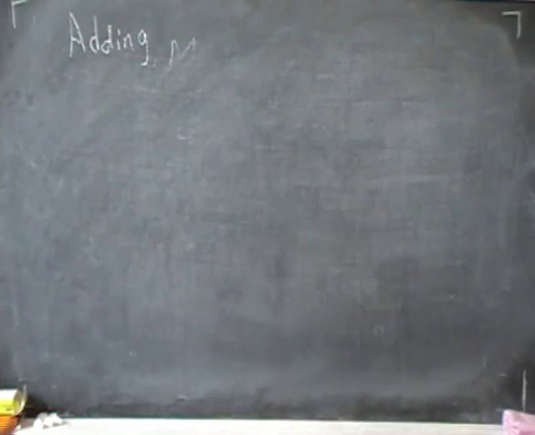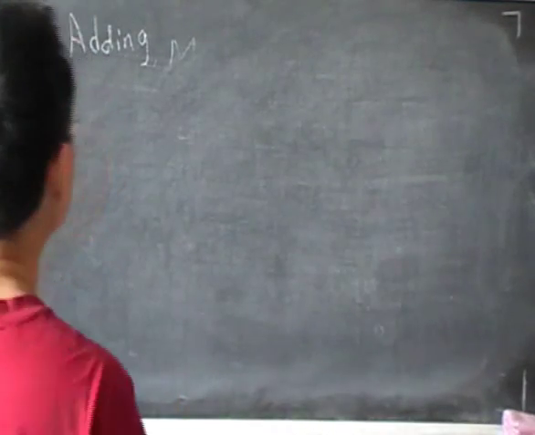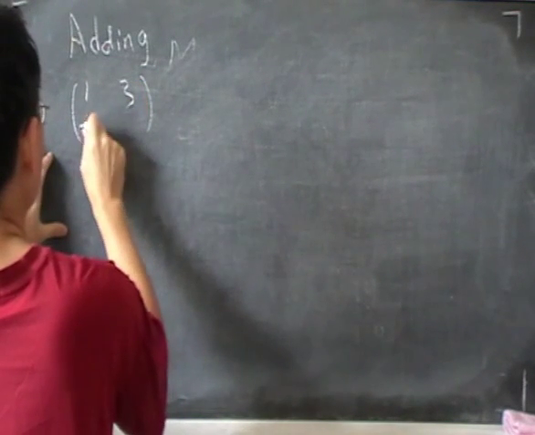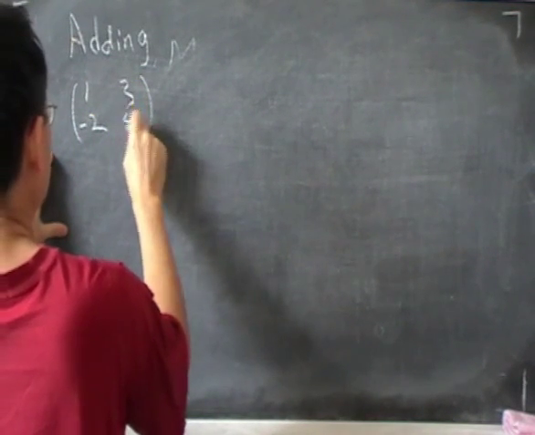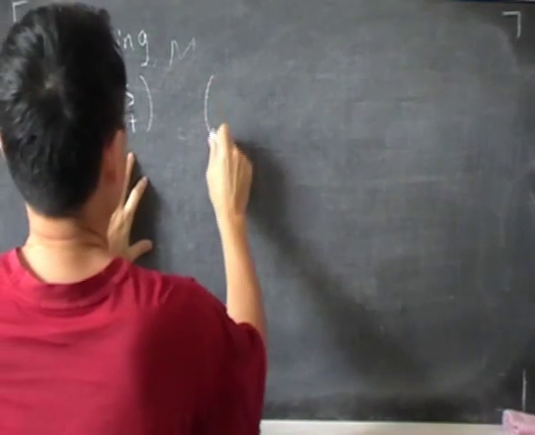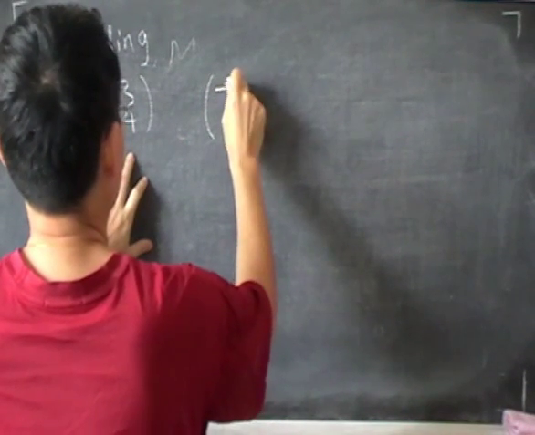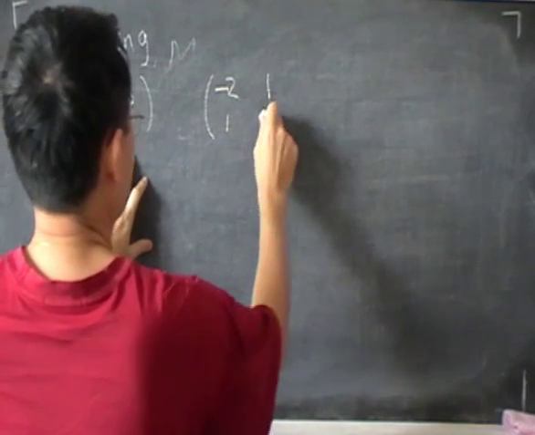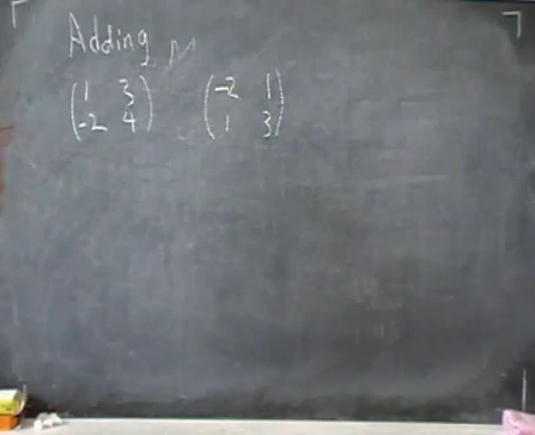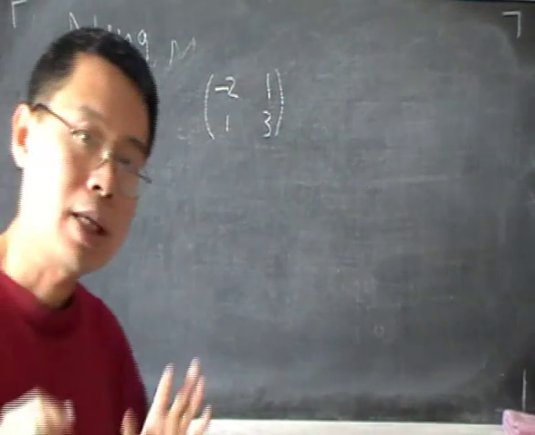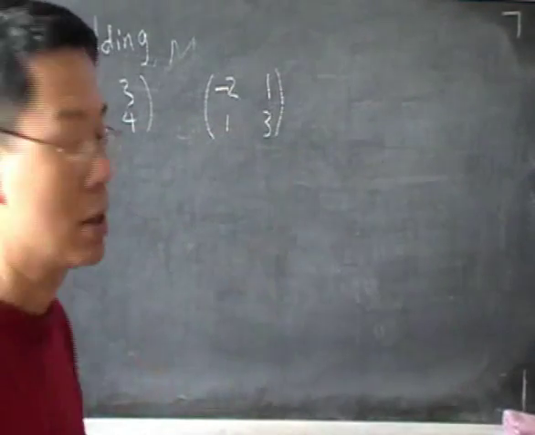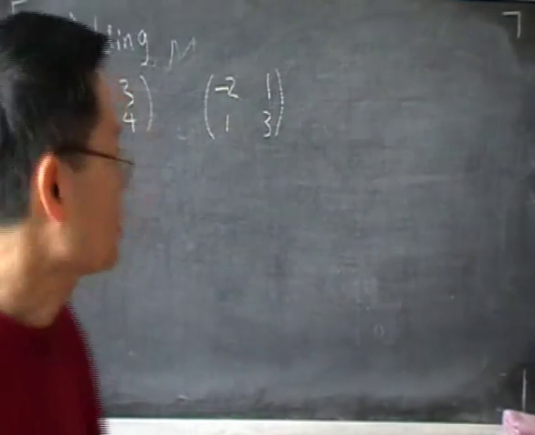So suppose I have two matrices, like that. I can add two matrices provided that both have the same number of rows and columns.